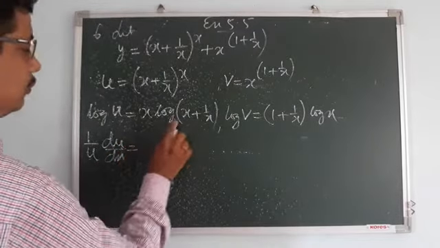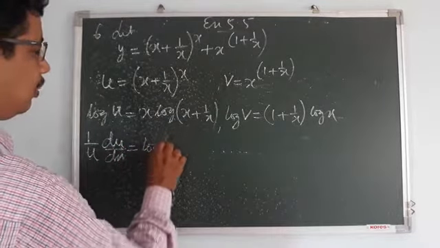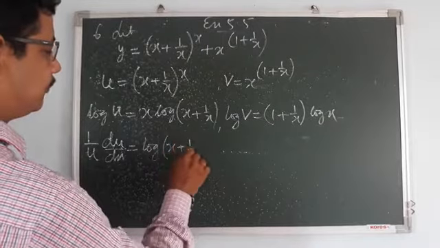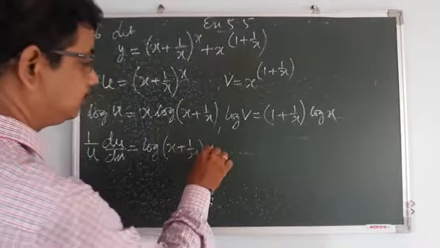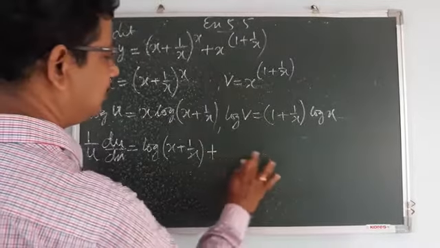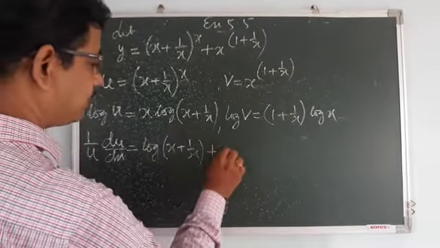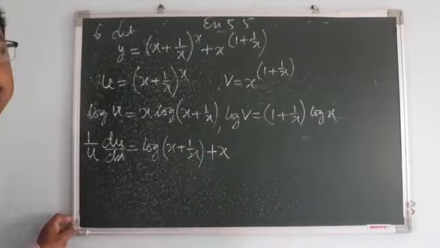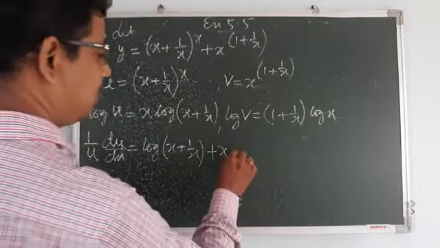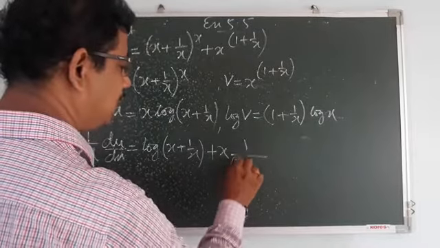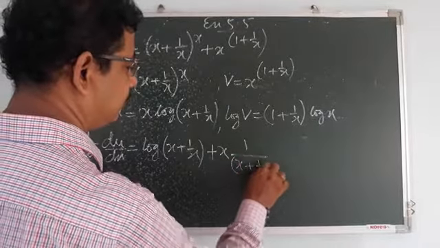Then u into v form, you will keep log this, then differentiate x with respect to x, it is 1. Then you keep x, differentiate this one with respect to x. If you differentiate log x with respect to x, first it will be 1 by x plus 1 by x.